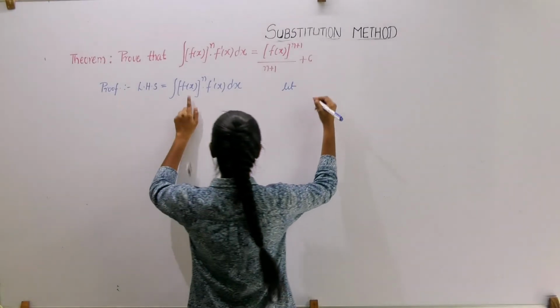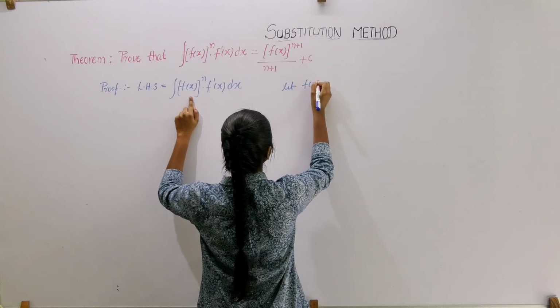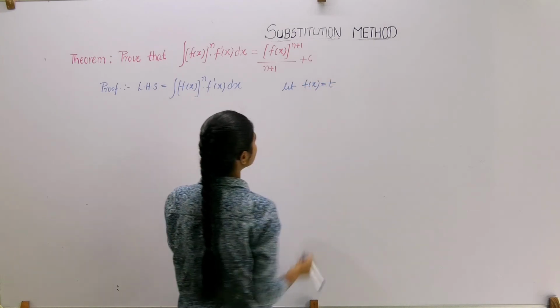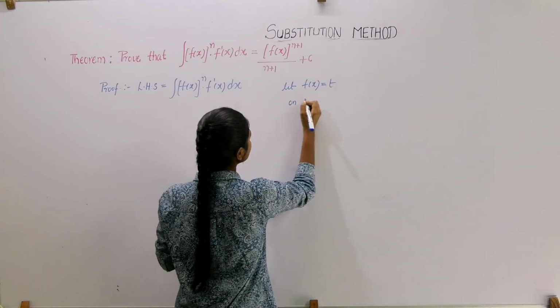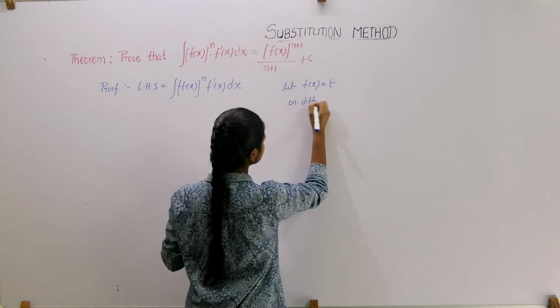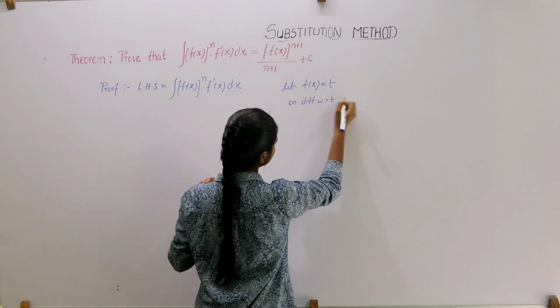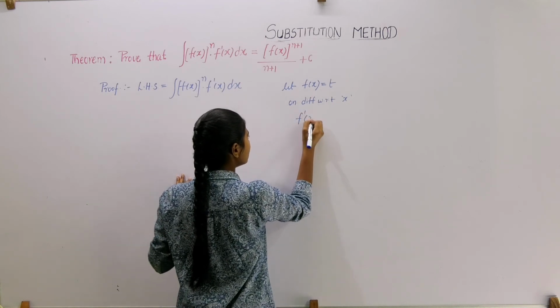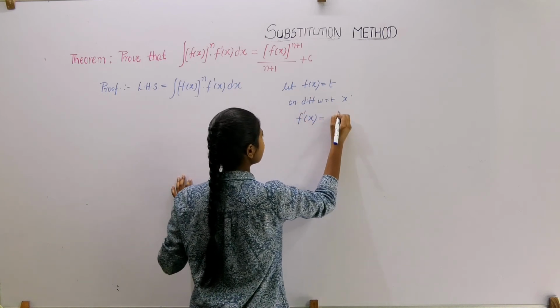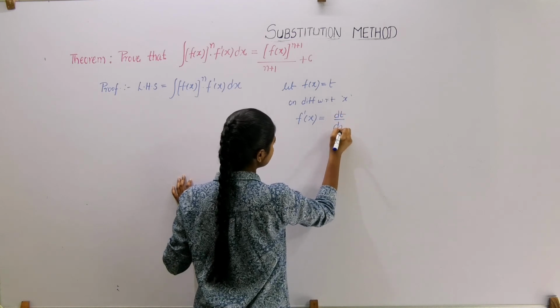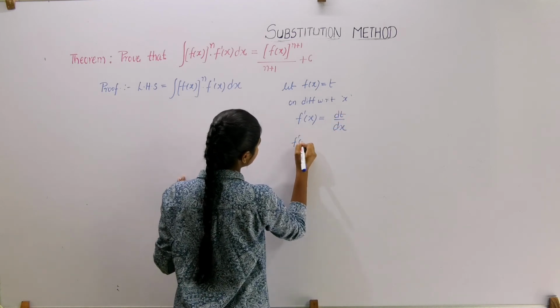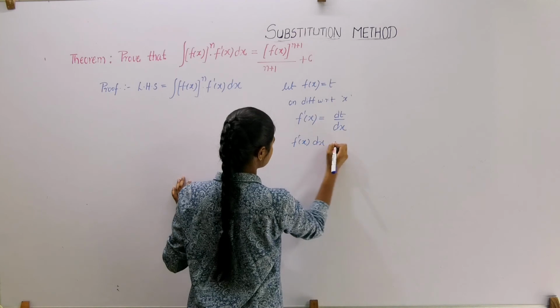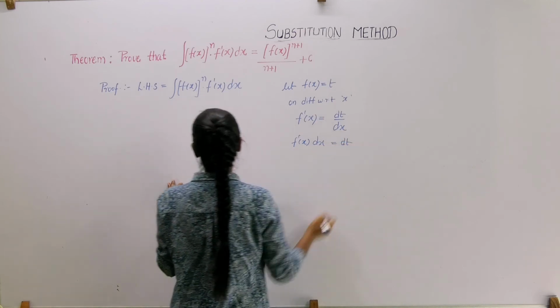Let us assume f of x is equals to t. On differentiating with respect to x on both the sides, it becomes f dash of x is equals to dt by dx. F dash of x dx is equals to dt.